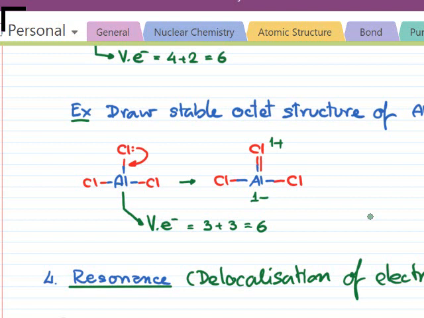So electron contains negative charge. So if your negative charge runs around, that means you reduce the electron density, reduce the charge density, and then your potential energy drops.